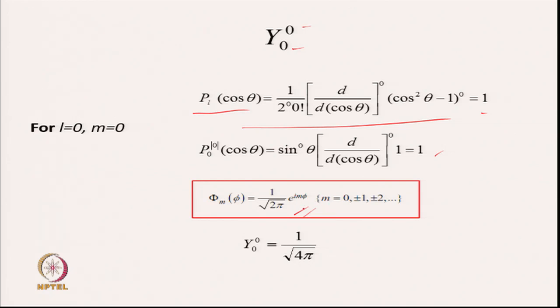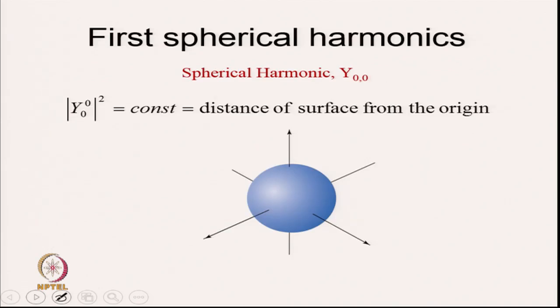So, m is equal to 0, and you have simply 1 by root 2 pi, and so your spherical harmonics will be 1 by root 4 pi. Since the spherical harmonics for Y_00 is constant, Y squared is also going to be constant, and that tells you about the distance of the surface from the origin.